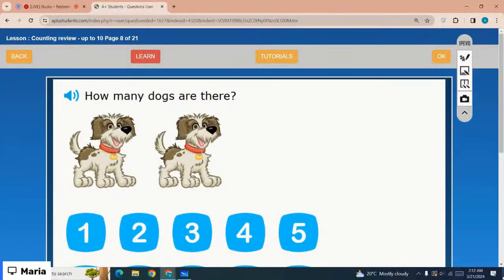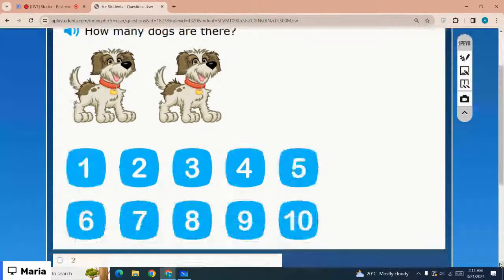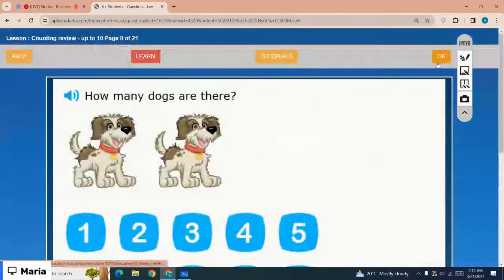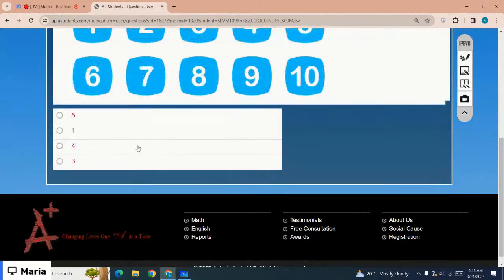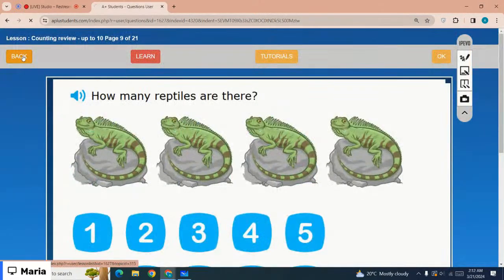The correct option is 2 dogs. How many reptiles are there? The correct option is 4, right? Okay, you can complete the lesson by yourself later today. Let me just move on to next lesson.